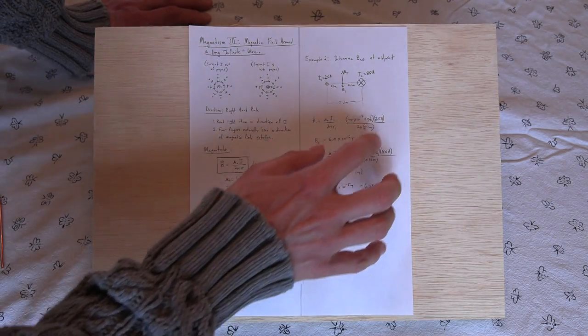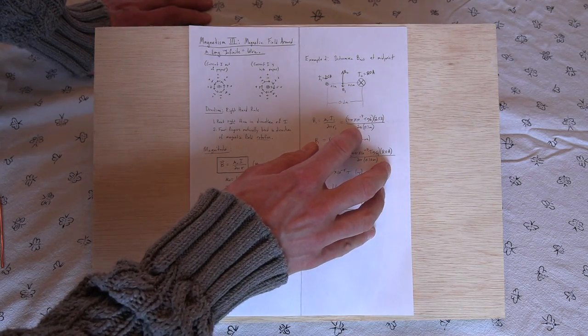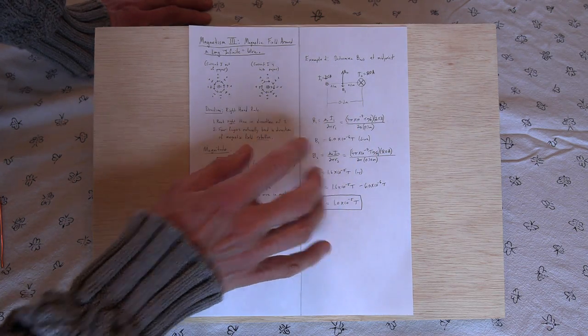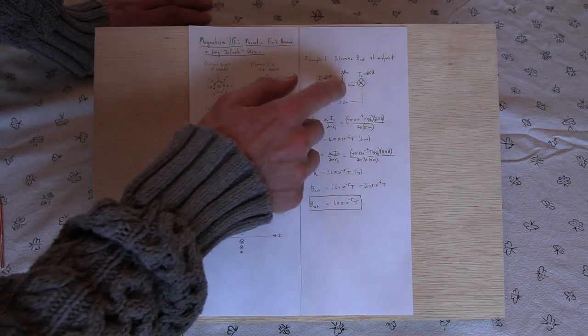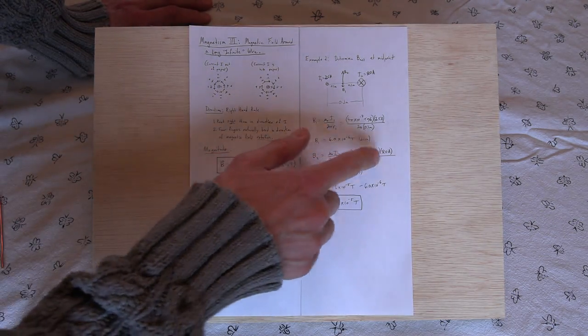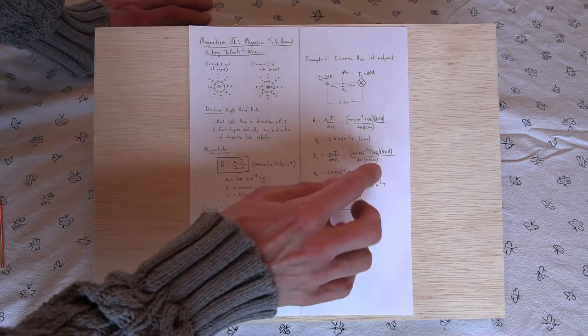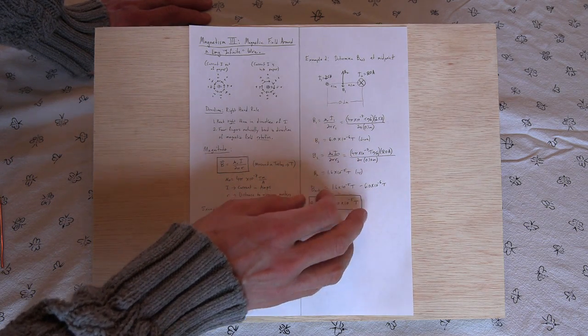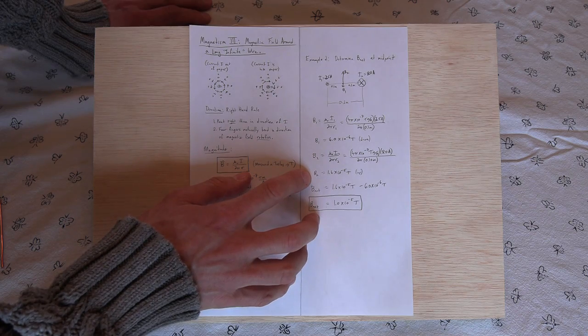Then we put the current 2.5 amps over 2 pi times the radius of 0.1 meters, and I get this for the magnetic field pointed downward, caused by wire 1. For wire 2, I repeat the calculation but put 8 amps in. Same radius, same mu 0, same 2 pi, and I get this number up.